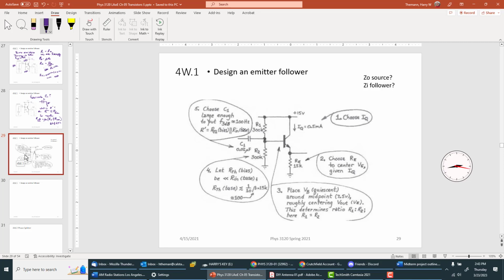Up to this point, you've just made up circuits that you were shown. So wire it up, show me that it does what it's supposed to do, and measure the Z in. That one's the easy one. It's harder to measure Z out, so I just want you to measure Z in and compare it to what you calculated it was going to be.